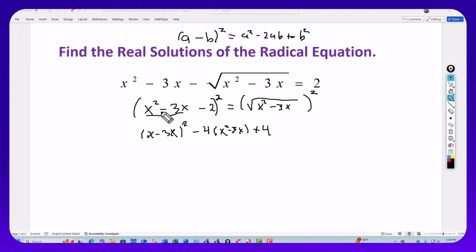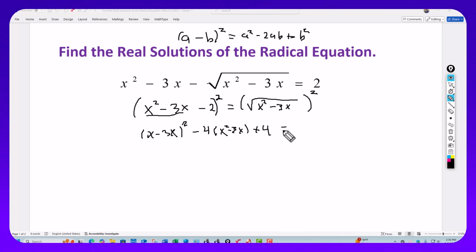So treat the first expression, x squared minus 3x, like your a in this formula. We have a minus, and then the b would be the 2. You square this term, we get x squared minus 3x quantity squared. Double the product, that's 2 times 2, which becomes a 4 here. Minus 4 times x squared minus 3x, and then plus, and then 2 squared is 4.